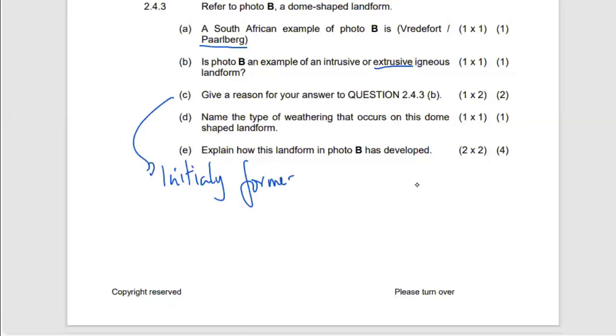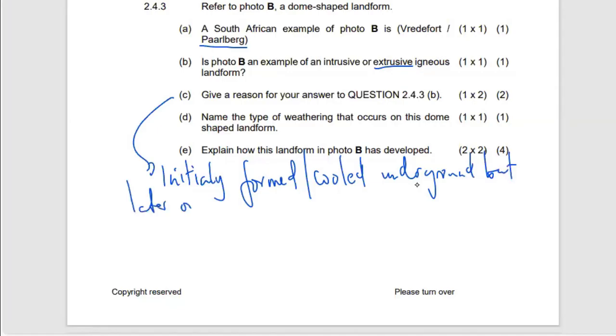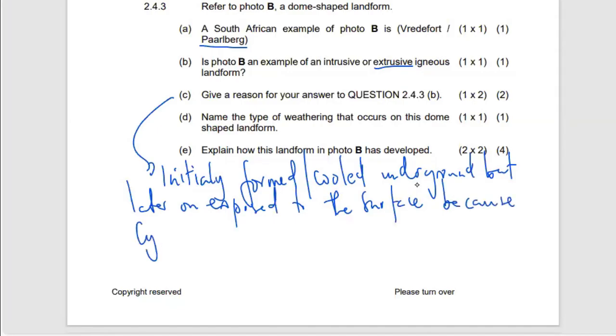Initially, it was intrusive, it cooled underground, but later on was exposed to the surface because of cycles of erosion.